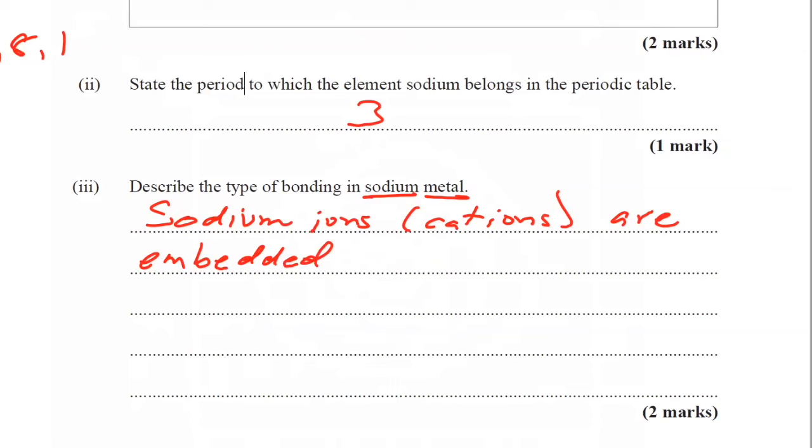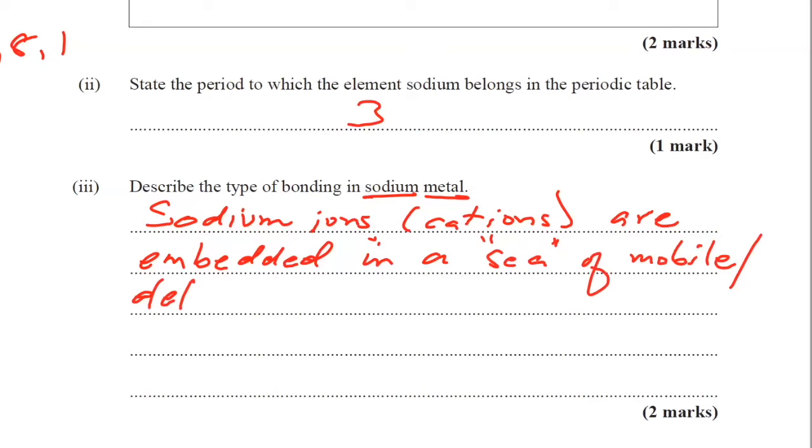They're embedded in what is called a sea of mobile, or let's say delocalized electrons. Students said that word last year and I got very excited. So that would give us full marks.